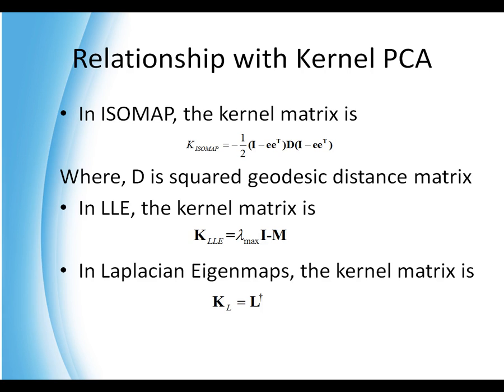Similarly, in LLE, we can subtract the matrix M from lambda max times I, where lambda max is the maximum eigenvalue of the matrix M, and then perform a kernel PCA on this K_LLE matrix. It will give exactly the same results. In Laplacian eigenmaps, the kernel matrix is nothing but the pseudo inverse of the Laplacian matrix itself.